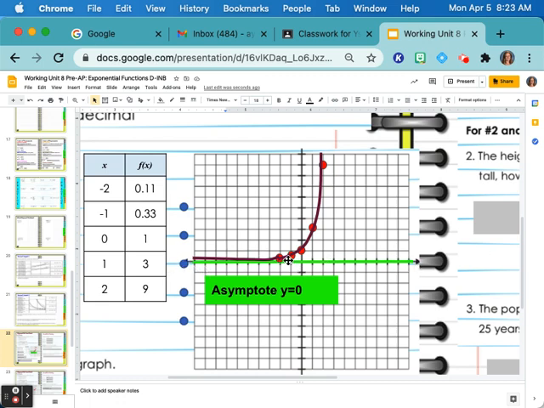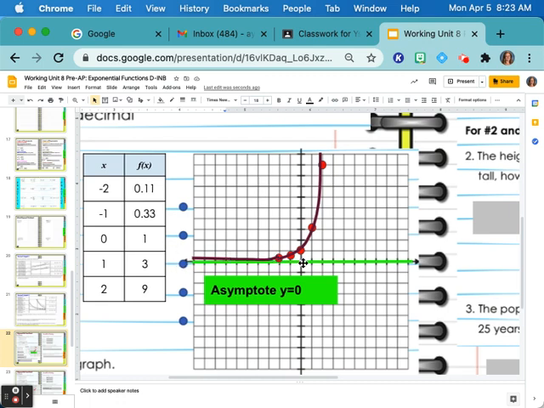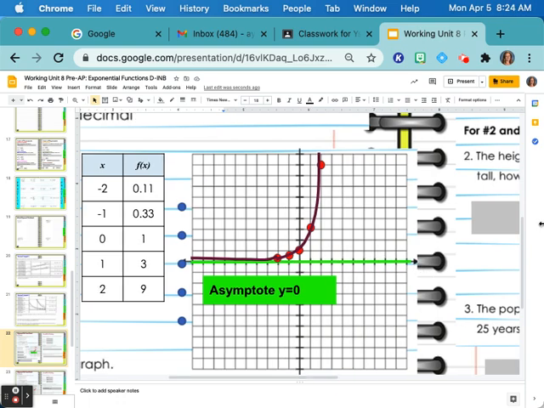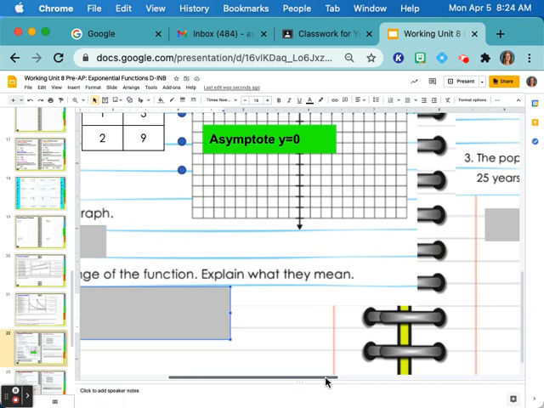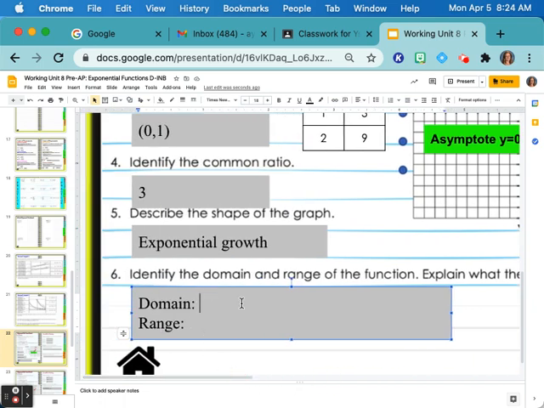Going from left to right, is it going to go as far left as it can? So what would that be? What's a number or a symbol that represents negative infinity, right? And then what about the x values? Positive infinity. So that's what we're going to put.